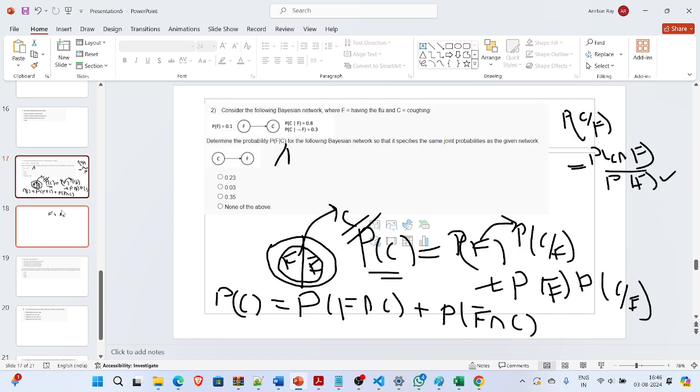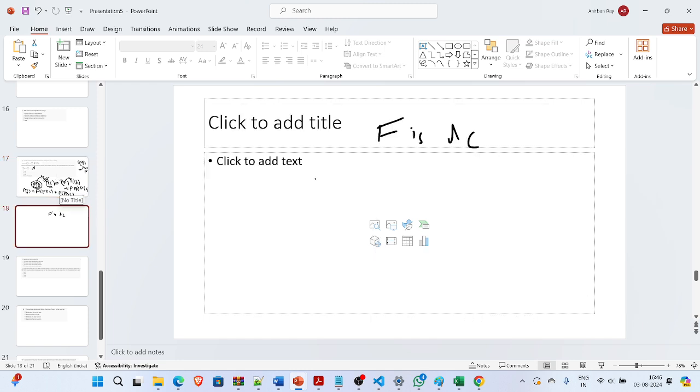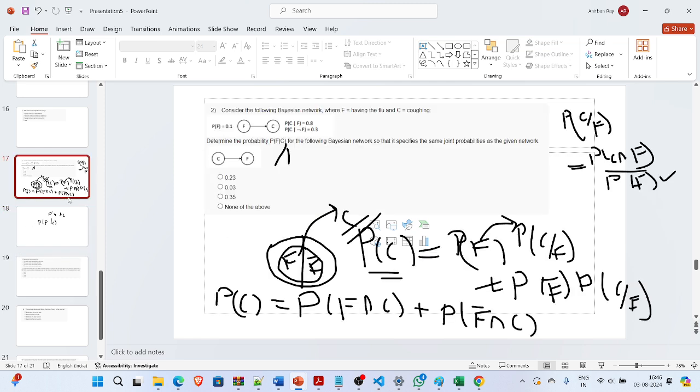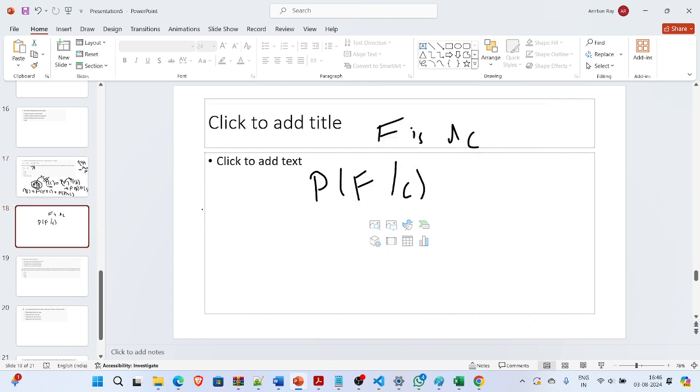So with this, what I gain is that I need to find P of F given C, because F is dependent on C. That is what they have told me to get as well.